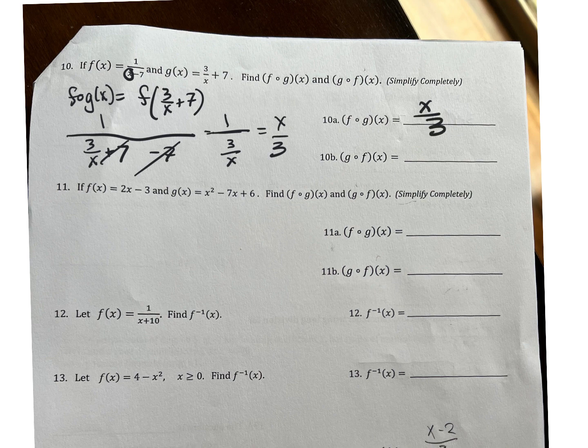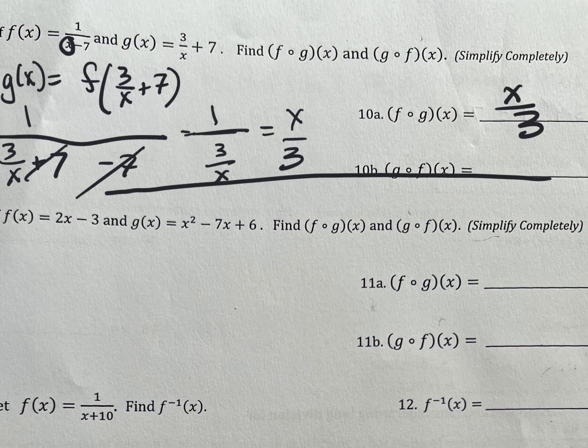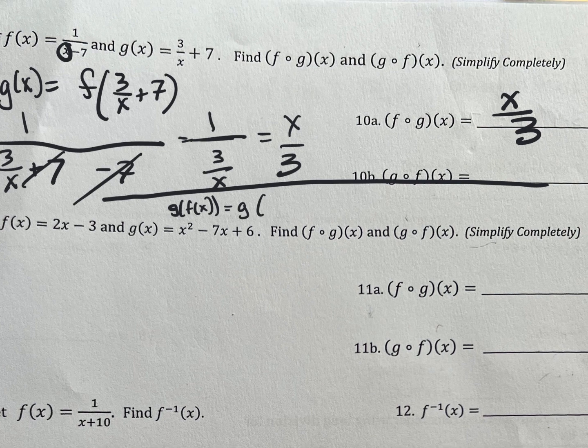Right? Now I want to find g of f of x. I could have saved myself a little more room for this. I'll put it over here. g of f of x. So wherever I see f of x, g of 1 over x minus 7, which is 3 over 1 over x minus 7, plus 7.